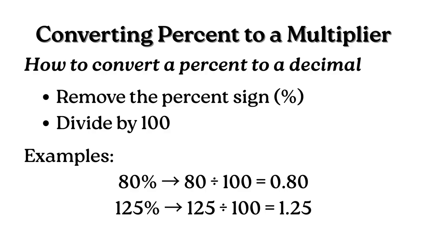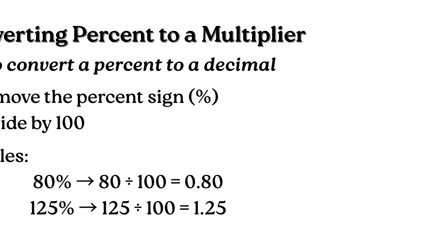To convert a percent to a decimal, remove the percent sign and divide by 100. For example, 80% becomes 0.80 and 125% becomes 1.25. This decimal is what we'll use for k.